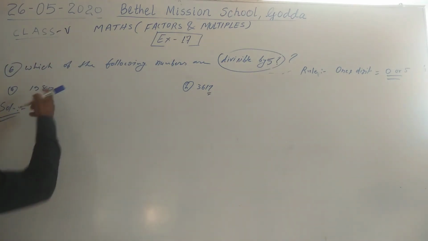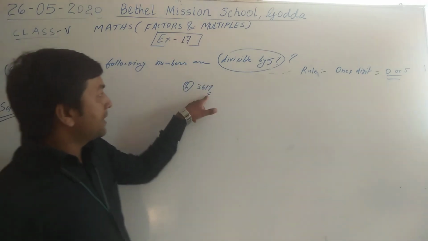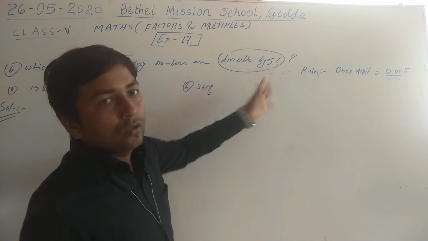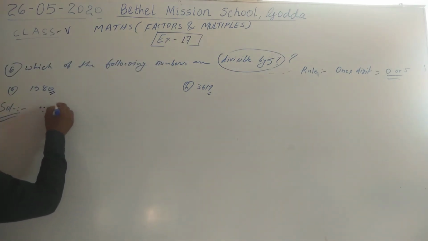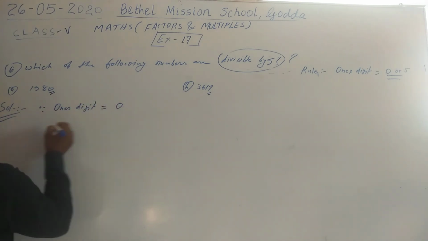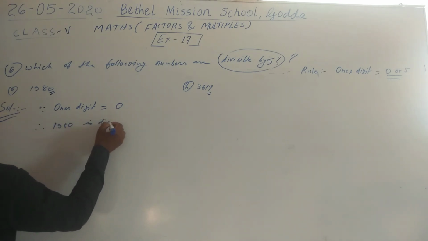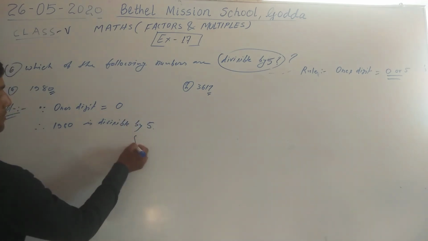Here 0 is given, so this number will be divisible by 5. Here 7 is given, so this number is not divisible by 5. So write: since the ones digit is equal to 0, therefore the given number is divisible by 5. Only this much you have to write.